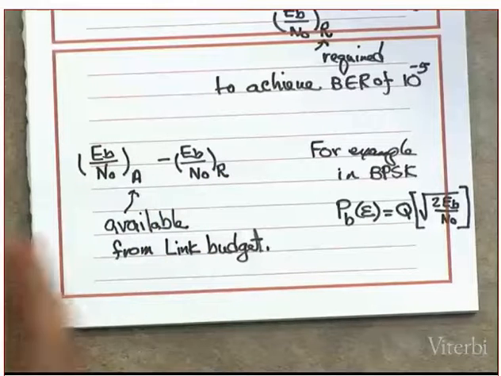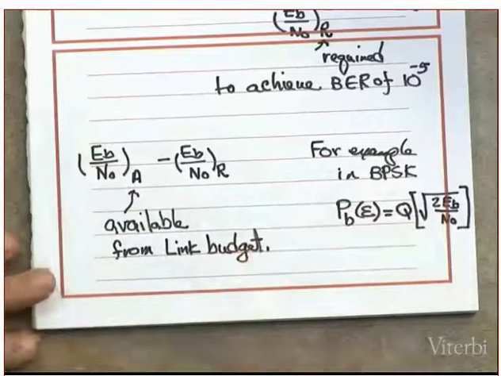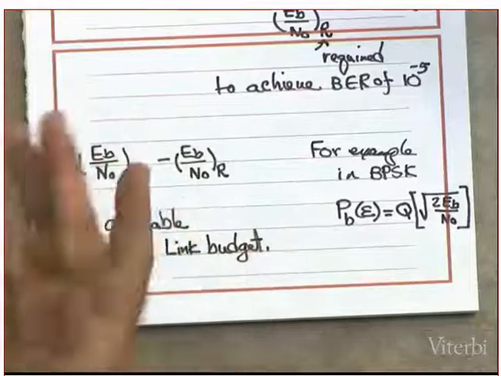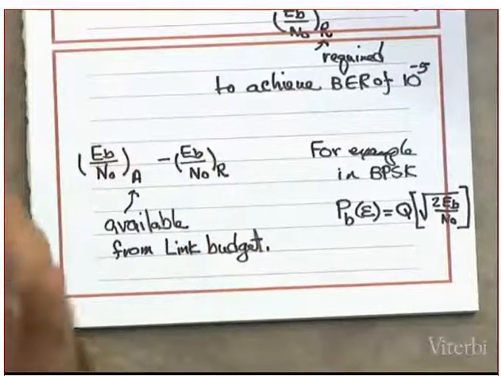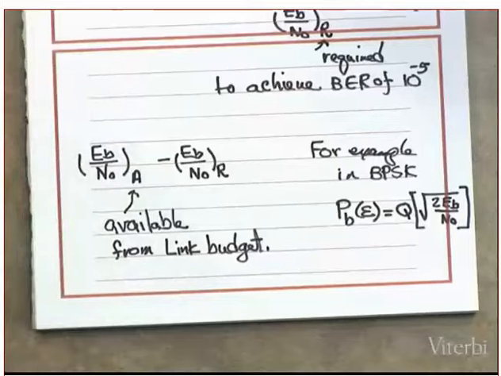However, if you do not have the equation, and most of the time modulation techniques are so complicated analytically that it is not feasible to find a closed form equation, then you need to simulate the system.